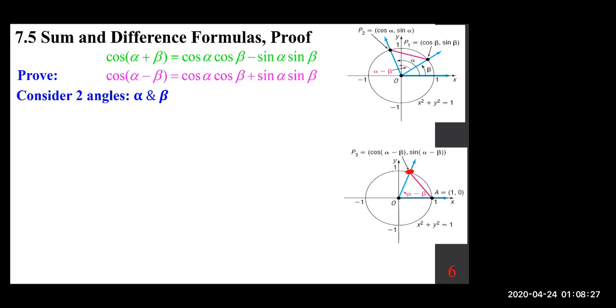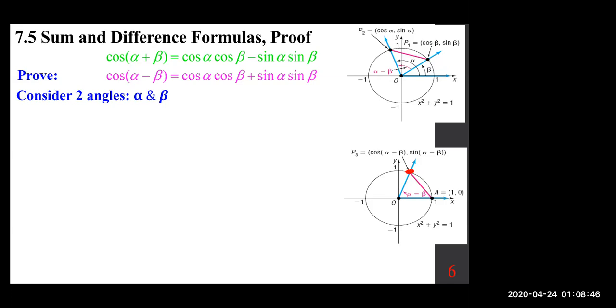Cosine of what? Alpha minus beta. Sine of alpha minus beta. Before we move on, is everybody clear what happened here? So just a quick recap.